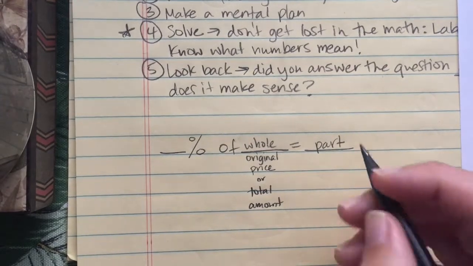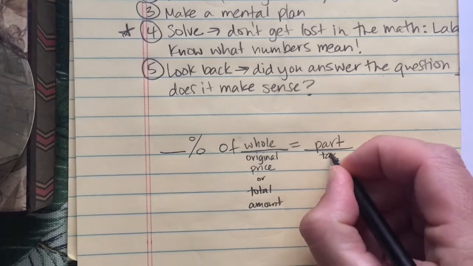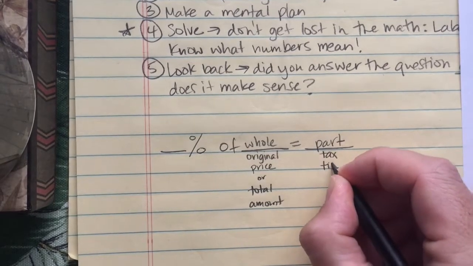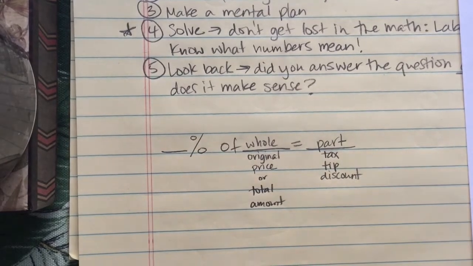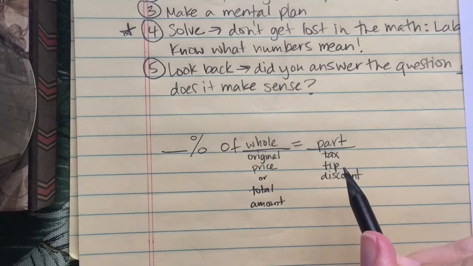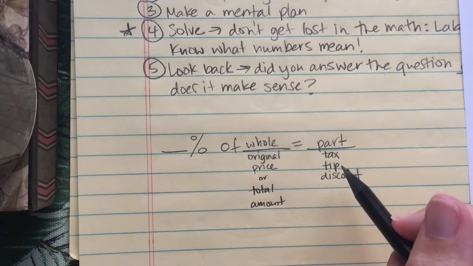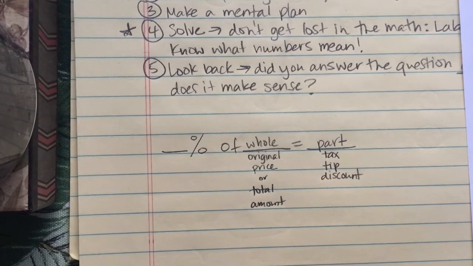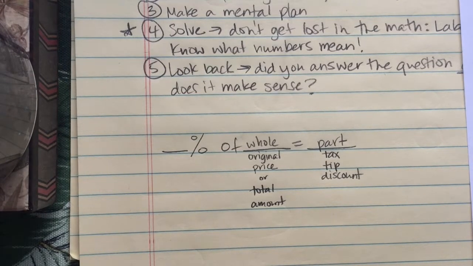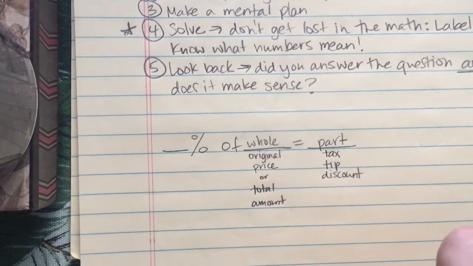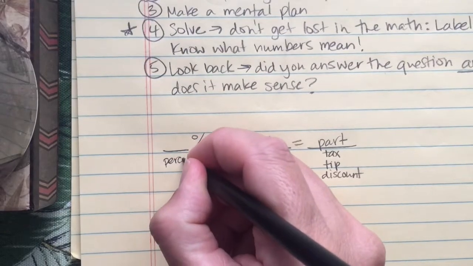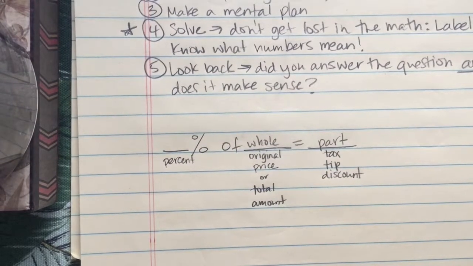The part could be a tax, it could be a tip, it could be a discount. It's always a piece of the whole, okay? So it's a tax, a tip, a discount. Trying to think if there's anything else it could be. Can't think of anything right now, but if I do, I'll add it later, okay? And then your percent is just whatever the percentage rate is. That's usually the easiest one to fill in, okay?